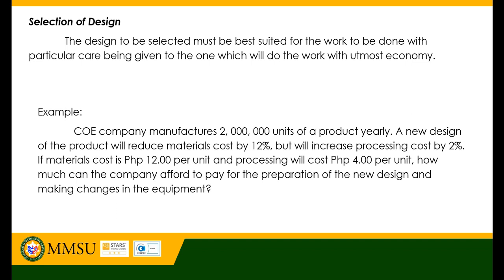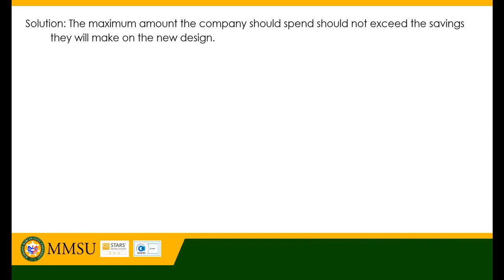So, pero mag-increase yung processing cost ng 2%. If materials cost is 12 pesos per unit, and processing will cost 4 pesos per unit, how much can the company afford to pay for the preparation of the new design and making changes in the equipment? Okay, so magkano daw ang dapat nating bayaran?